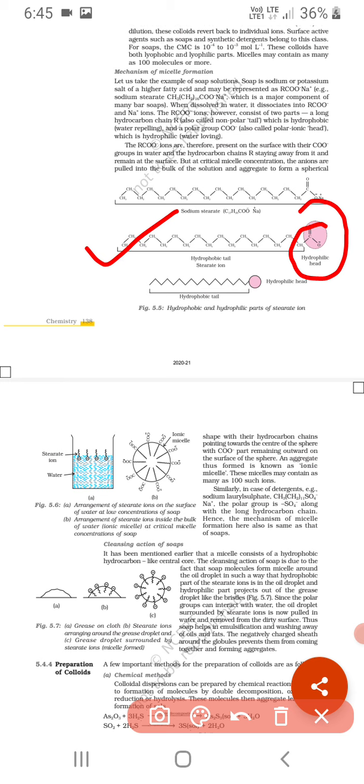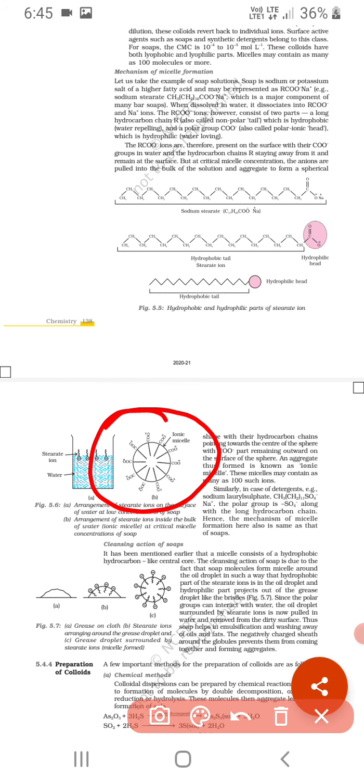When we add a small amount, the hydrophilic head portion interacts with the water and the tail portion remains outside. But when we add a greater amount, they form micelles.